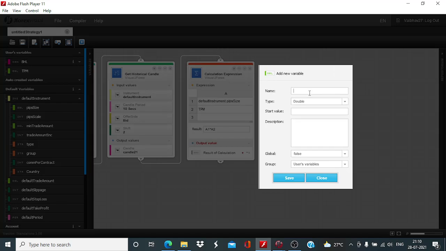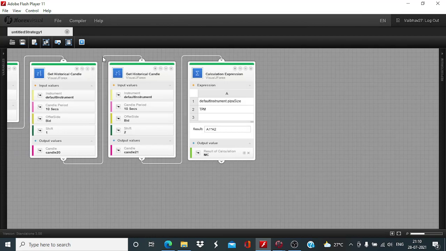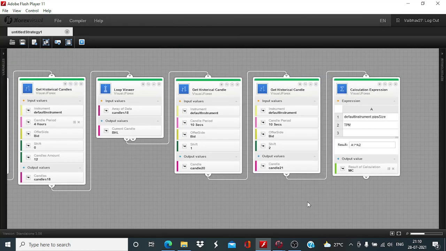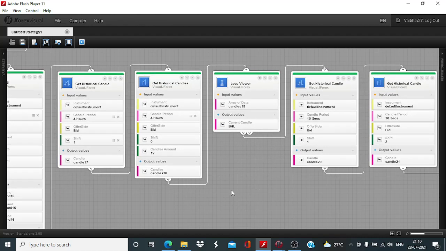So this will be our minimum condition. So I will name it MC. And we have this basic or bare bone structure in place now.